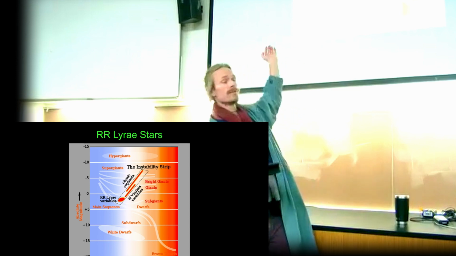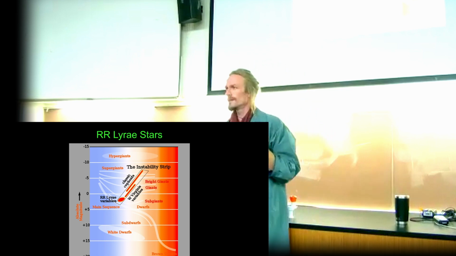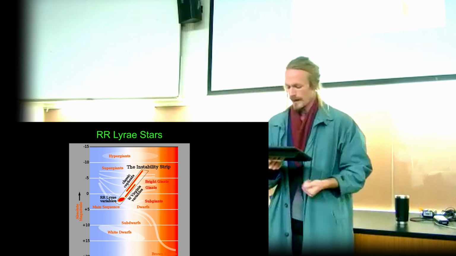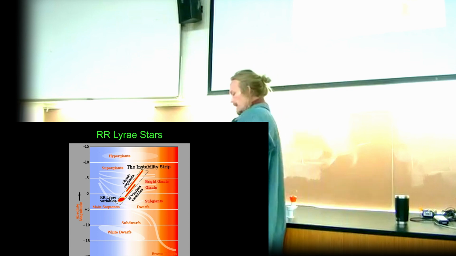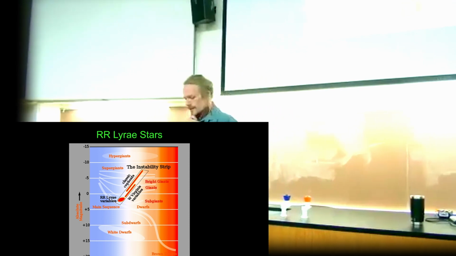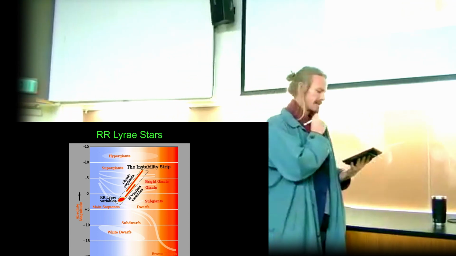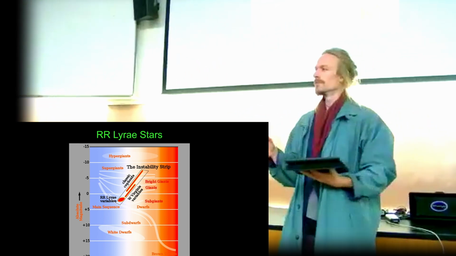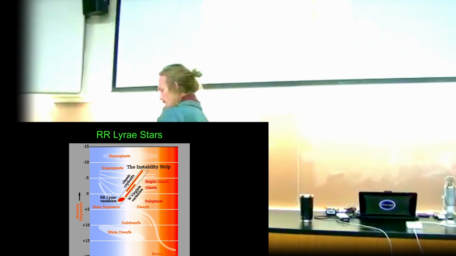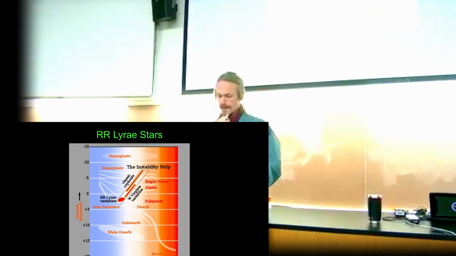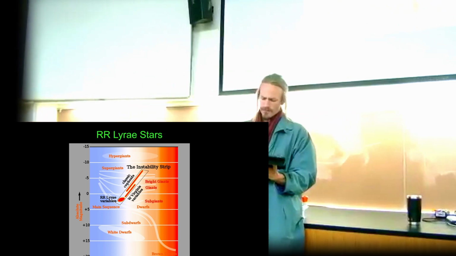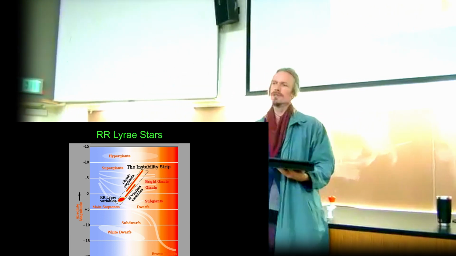This is the luminosity over here, absolute magnitude. So they're all about the same power. And at least these original ones that were determined were all clustered at about the same distance, which was interesting. So in this sense, the Lyrae make a really good standard candle.